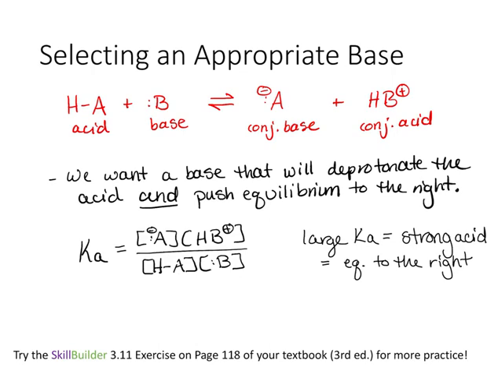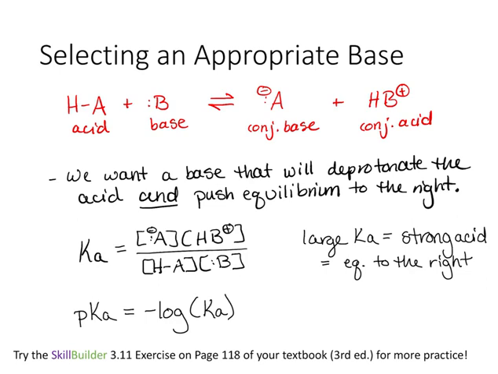However, as we've seen previously, some Ka values are very large and some are really small. So it's easier to use a pKa value. And the pKa is equal to the negative log of the acid dissociation constant. And so remember that we're flipping our scale here.